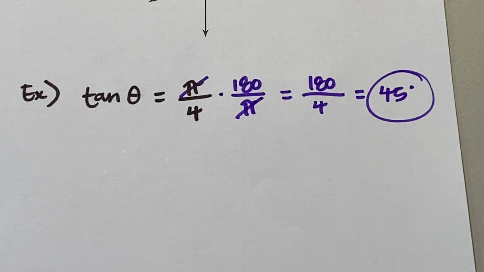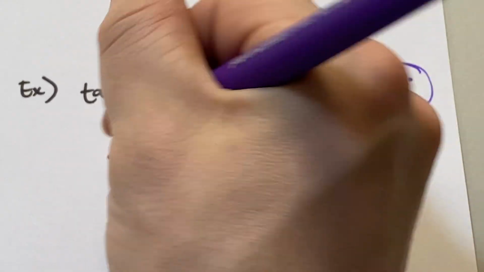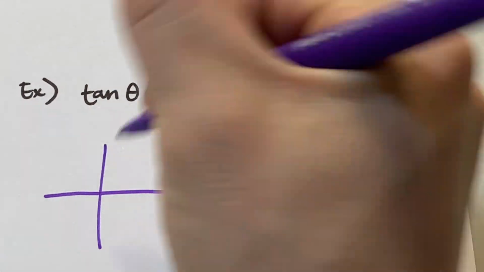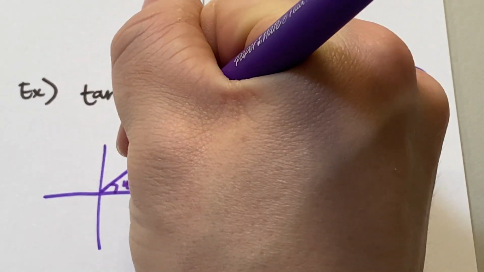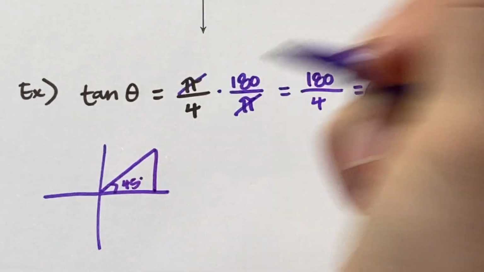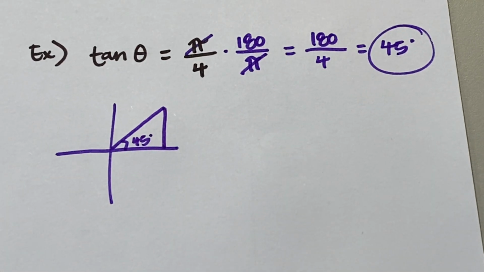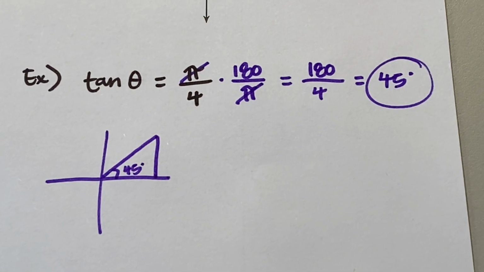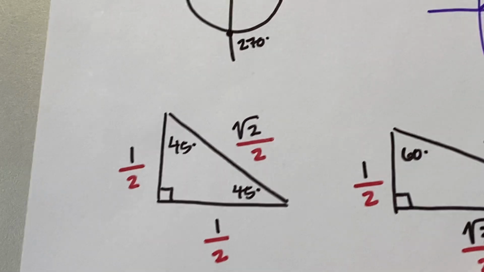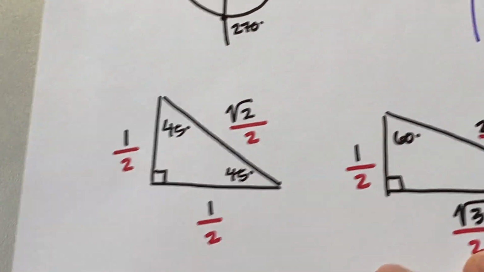Okay, so here's what we're working with. Here's what this actually looks like in a picture. We've been given 45 degrees right here. There's our special right triangle of 45 degrees. We know the sides of a special right triangle of 45 degrees, just these guys right here.